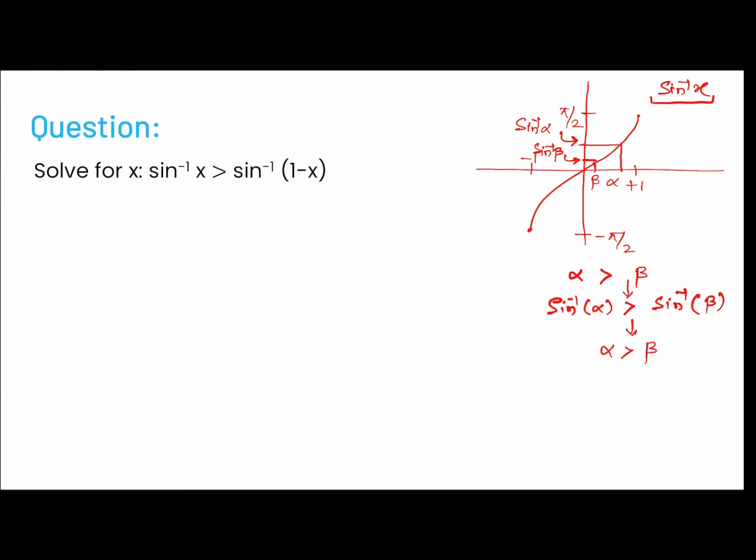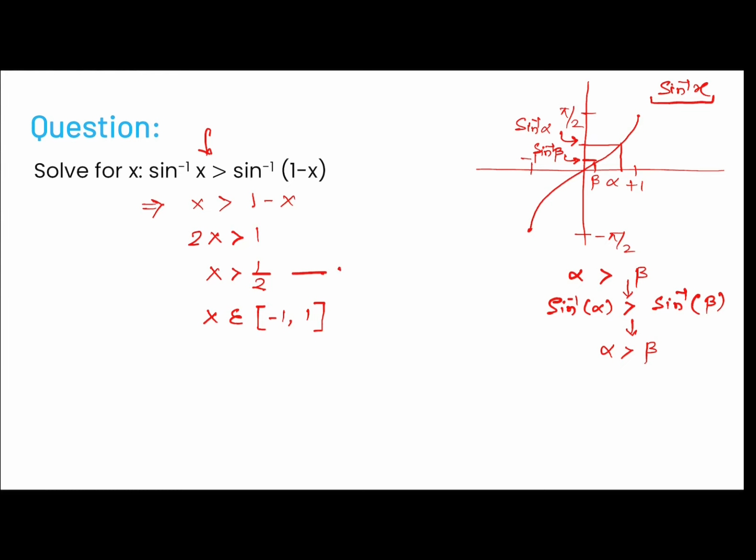So because this is an increasing function, we can say from here directly that x is greater than 1 minus x. So from here what we are getting is 2x is greater than 1. So the answer is x is greater than half. But this is not the correct answer, because we know that x belongs to minus 1 to 1 to make sine inverse x well defined.